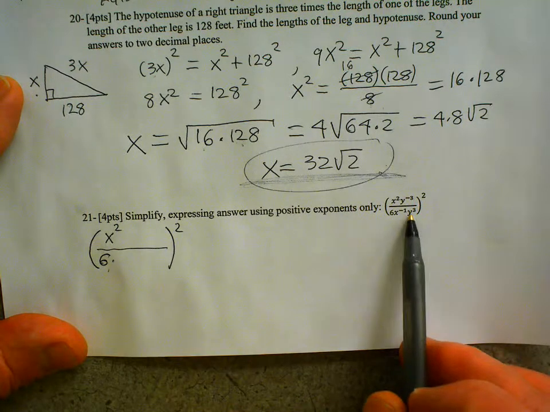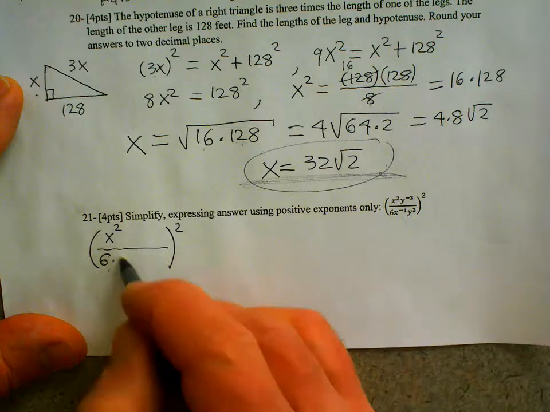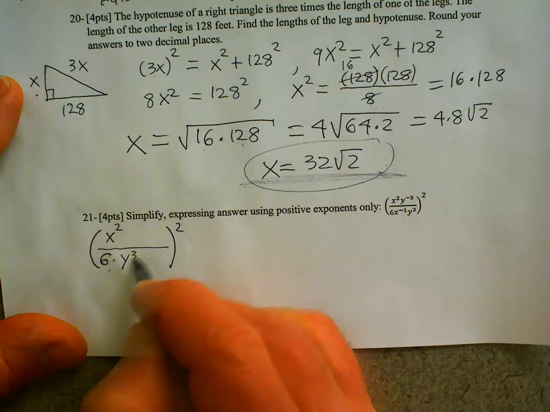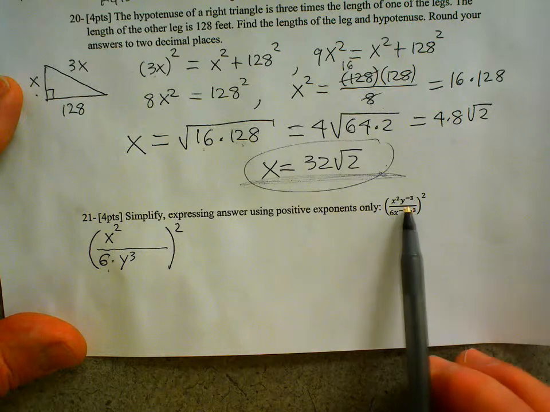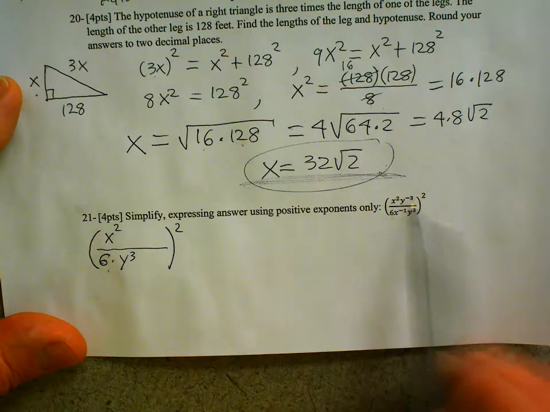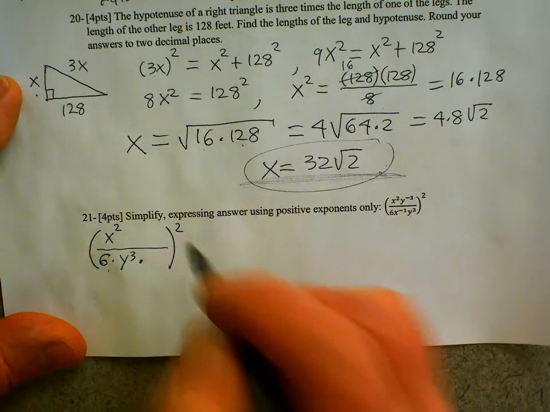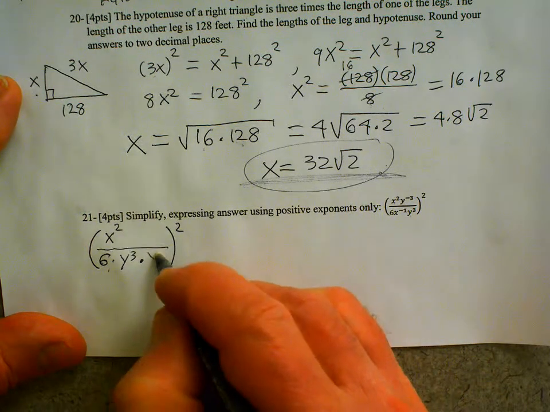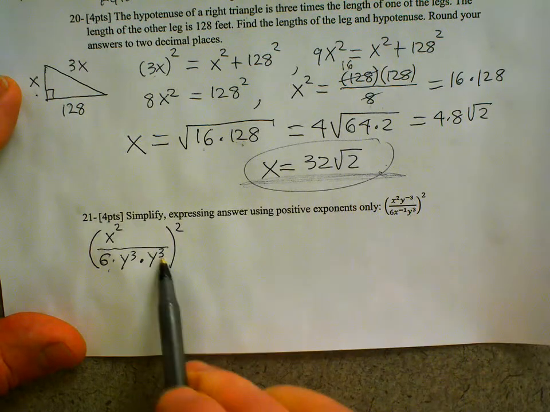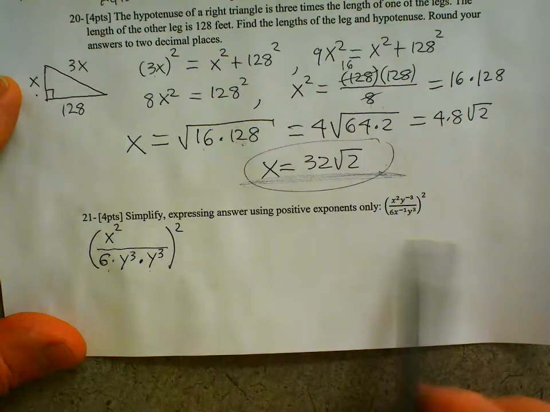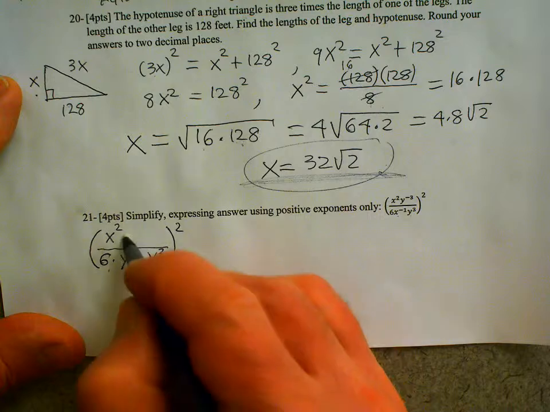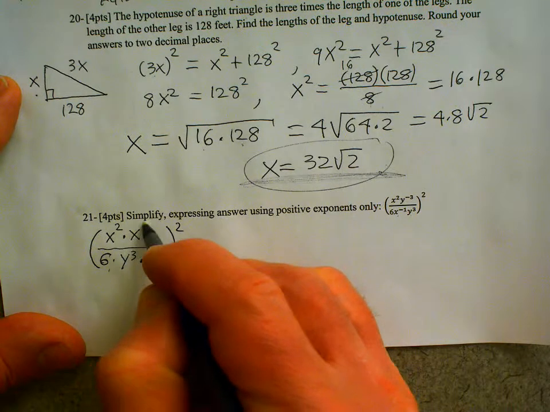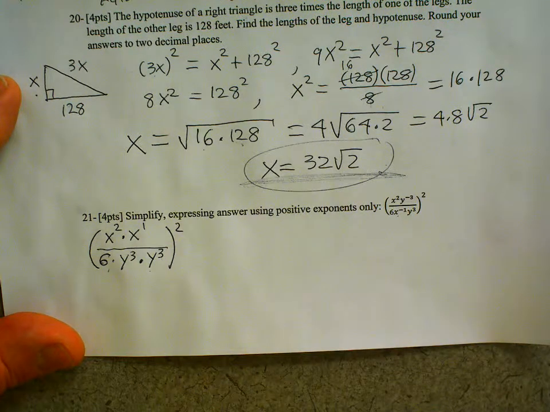And we already have y to the positive 3 in the denominator, so I'll put that in the denominator. And then in the original expression, the y to the negative 3 in the numerator is equivalent to having another y to the positive 3 in the denominator. And the x to the negative 1 in the denominator is equivalent to having x to the positive 1 in the numerator.